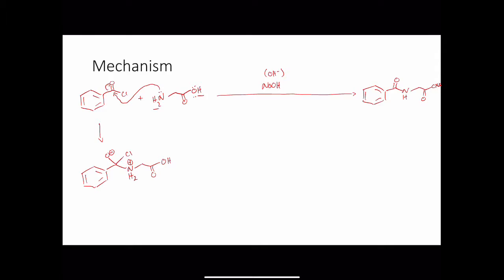Okay, so if we push the electrons from the oxygen back down onto the carbon, we can actually force that chlorine off, and we'll regenerate the ketone and form the amide that we're after, okay? But that still leaves the positive charge on the nitrogen, and we still have to remove the proton from the carboxylic acid, right? So at this point, that's where the sodium hydroxide comes in.